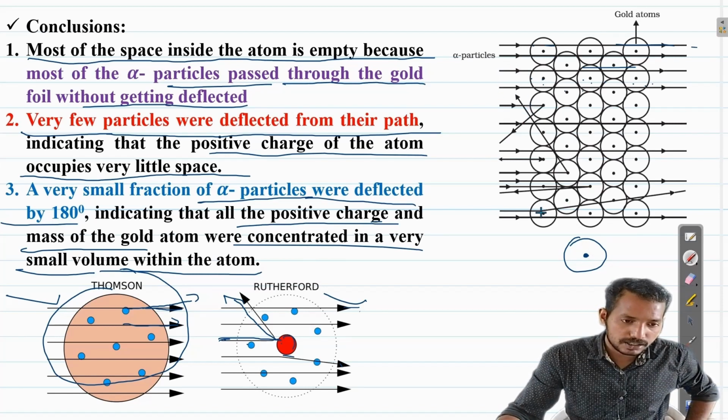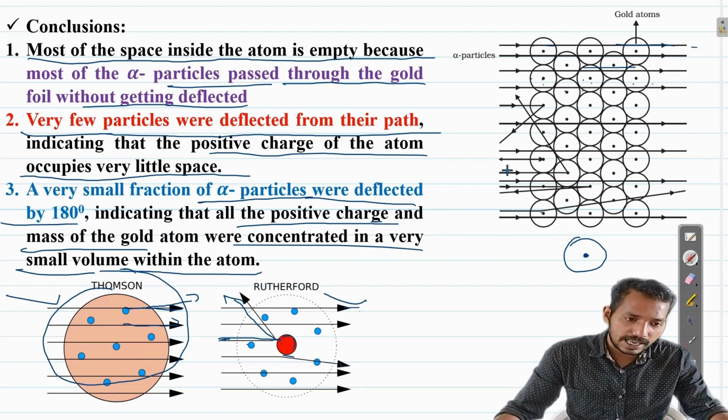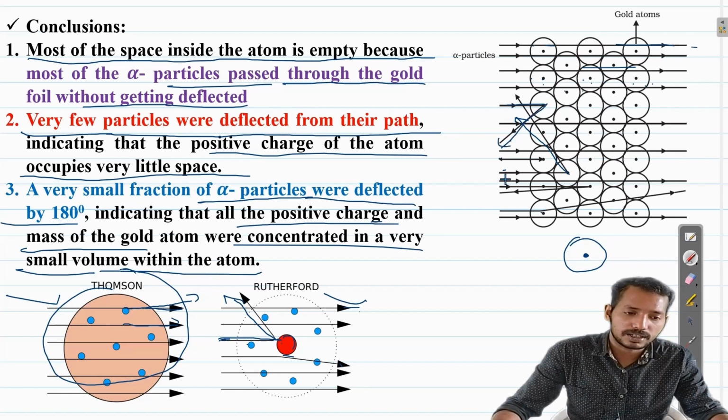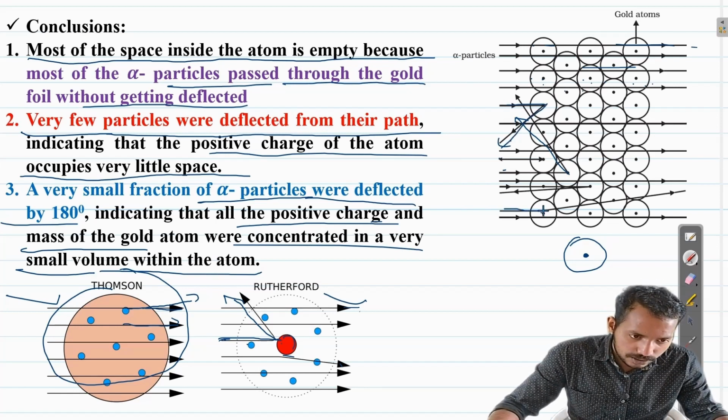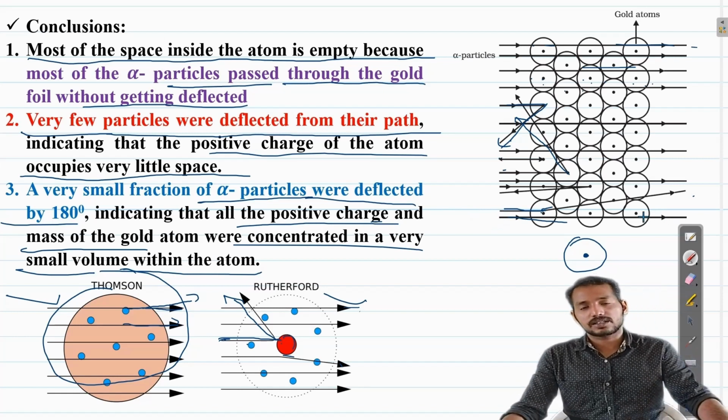When the alpha particle moves near this positive charge region, it gets deflected. When it hits exactly on the mass, it gets rebounded. Clear? But when it moves near this concentrated mass region, it is deflected, while moving through the empty space, there is no deflection. Okay, this is all about it.